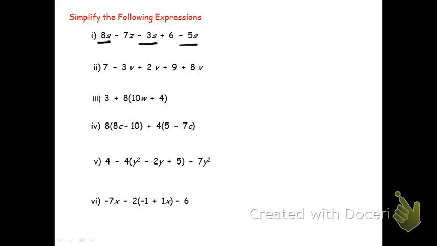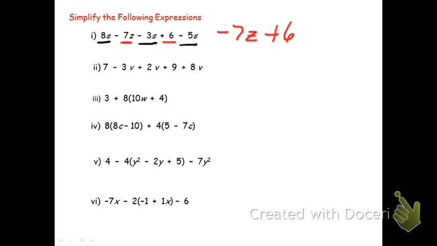So 8s take away 3s is 5s, and 5s minus 5s, well, the s's are gone. I have a negative 7z, but if I look down here, there are no other z's, so that stays as negative 7z. And then I have a plus 6 yet, and I can't combine that with anything, so we'll leave that written as plus 6.